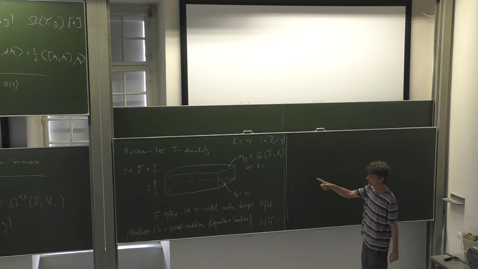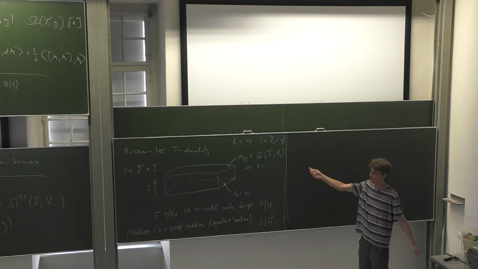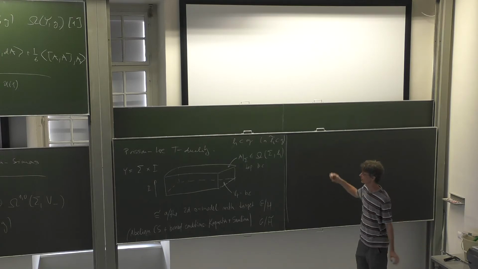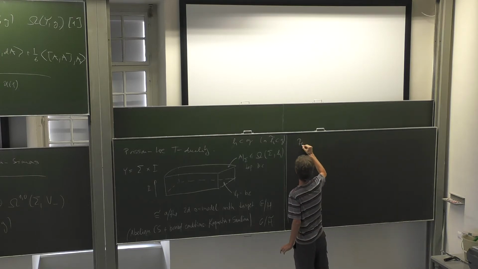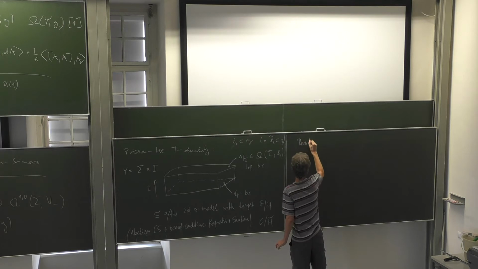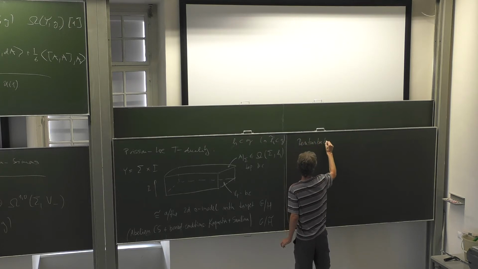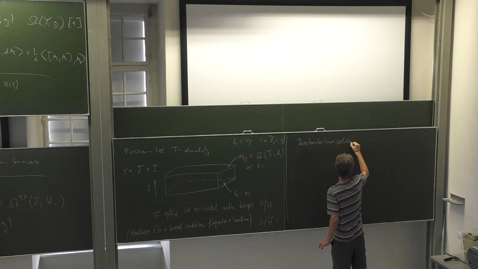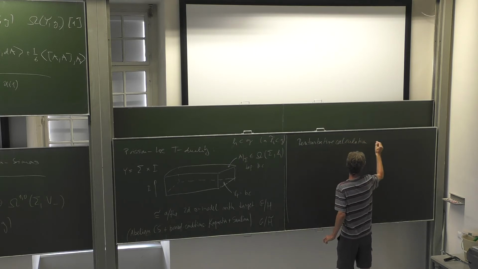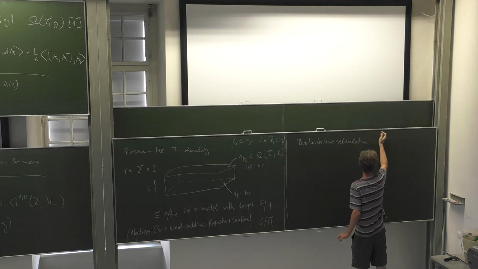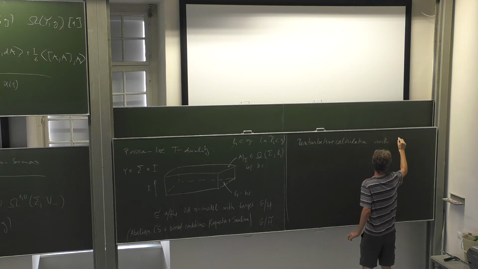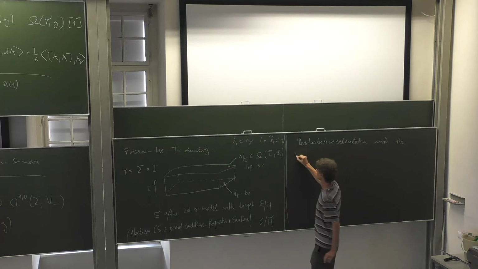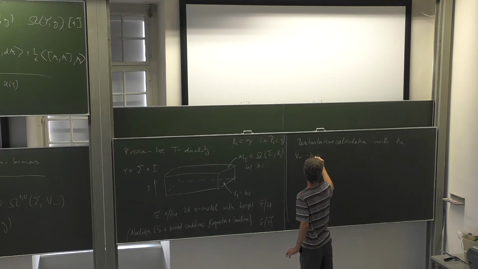So let me now do some simple perturbative calculations with this V plus boundary condition. So this is all some kind of fairy tale. So now a perturbative calculation with this V plus boundary condition.